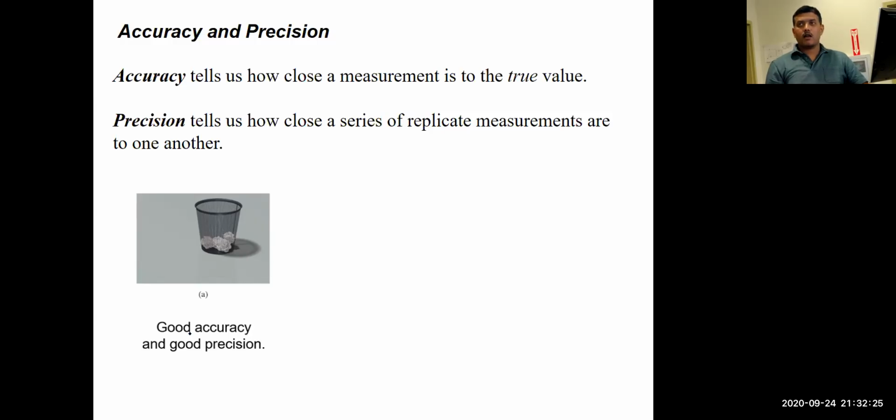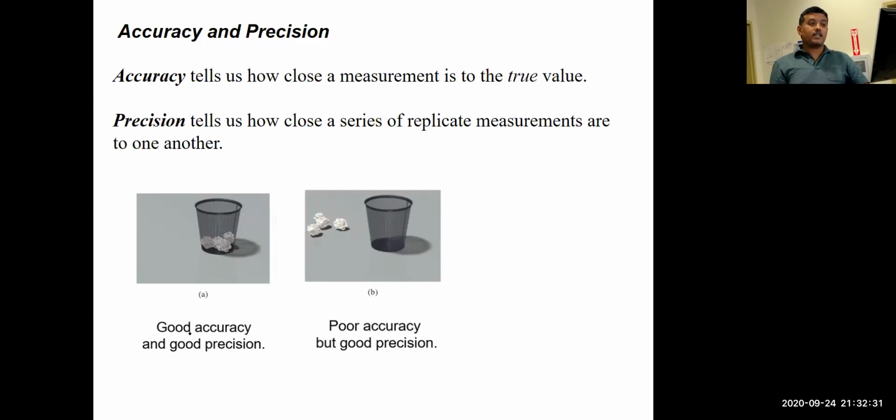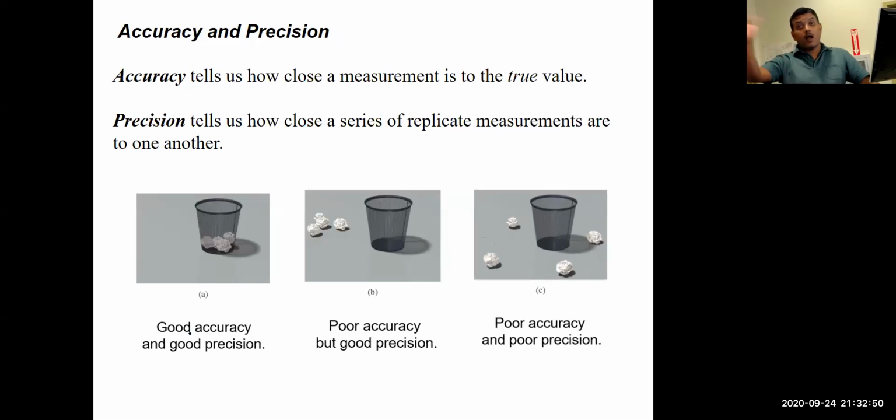If you're able to put all of them in one container, you have both good accuracy and precision. In the second case, you're not able to put them into the bin, but they all land at the same place, so it has poor accuracy but good precision. In the third case, they were all over, so it has neither accuracy nor precision.